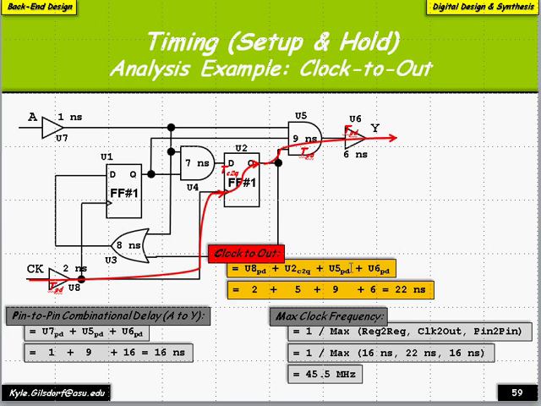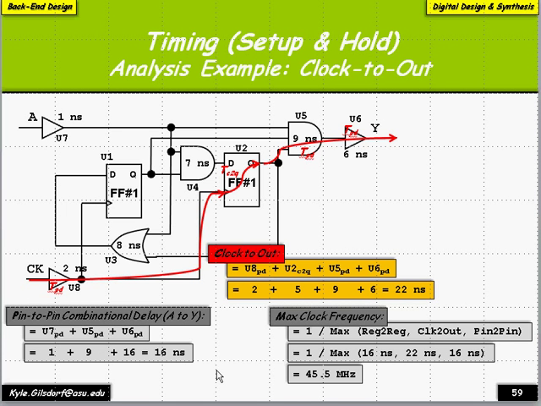So if we add those up, it's going to be 2 plus 5 plus 9 plus 6 is 22 nanoseconds. That means the time it'll take to drive data out of our design relative to the clock is 22 nanoseconds.